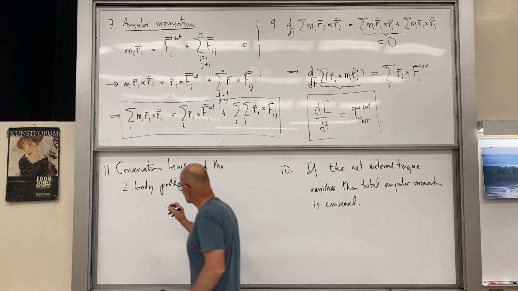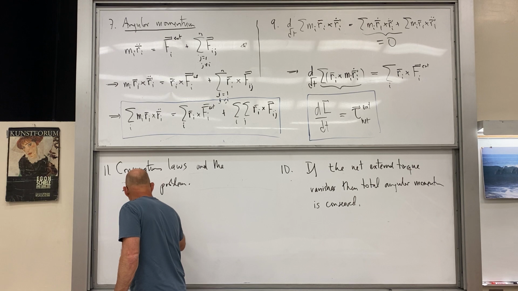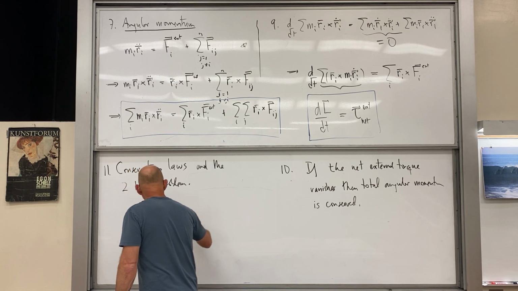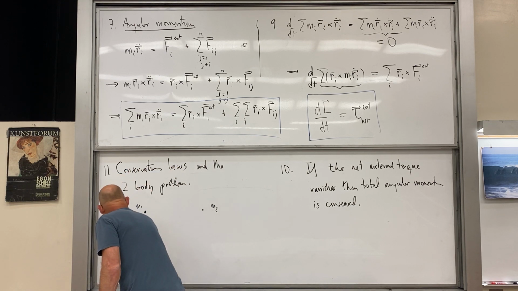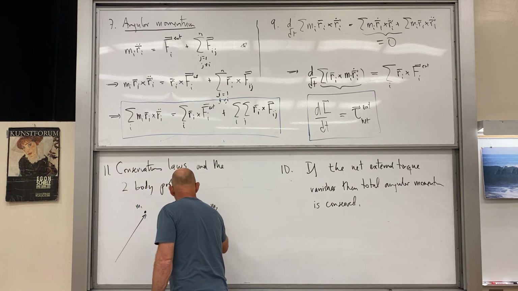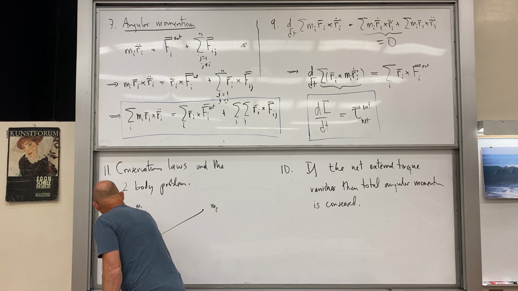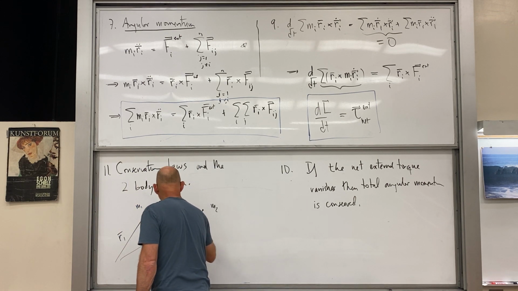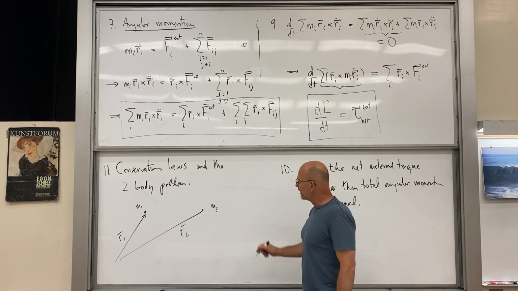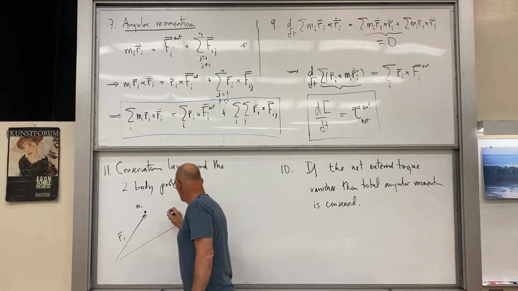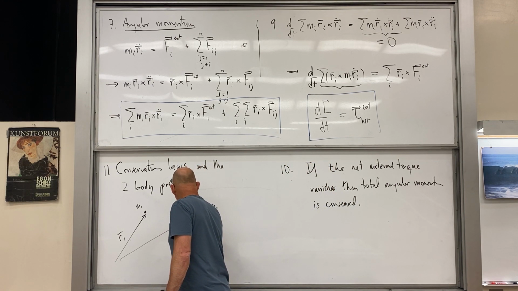But I will draw the picture. That's better. So this was M1, I'll draw it big enough. This was M2. M1 and M2 both had their positions. And when we chose the center of mass, remember I drew that star there, and I had this vector.